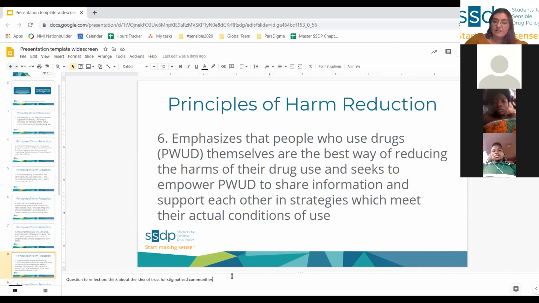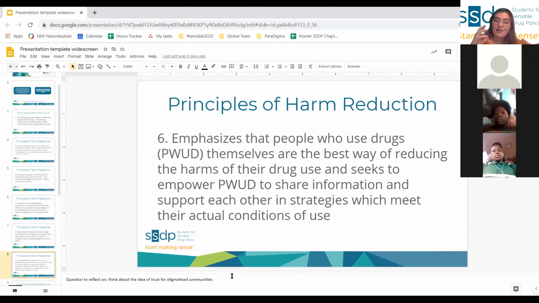The question for this one is: think about the idea of trust, trust in authority and trust in other people. Think about what that might mean for stigmatized communities, for communities that are kind of separated from society. Re-envision your idea of what trust might be and think about who they could actually trust.